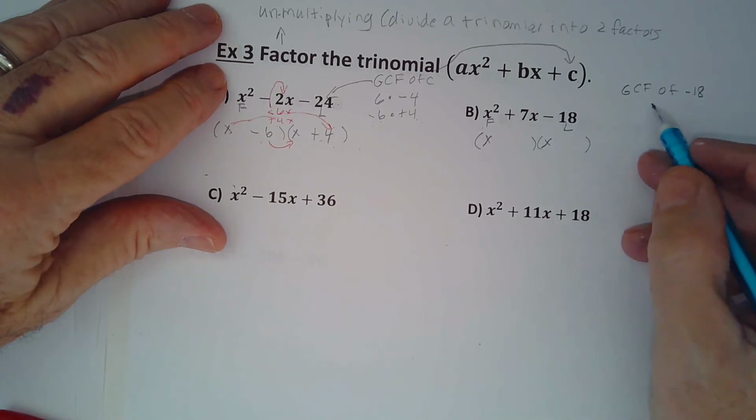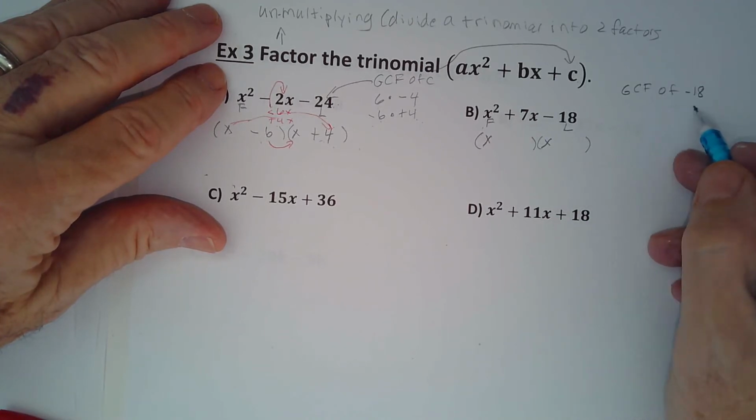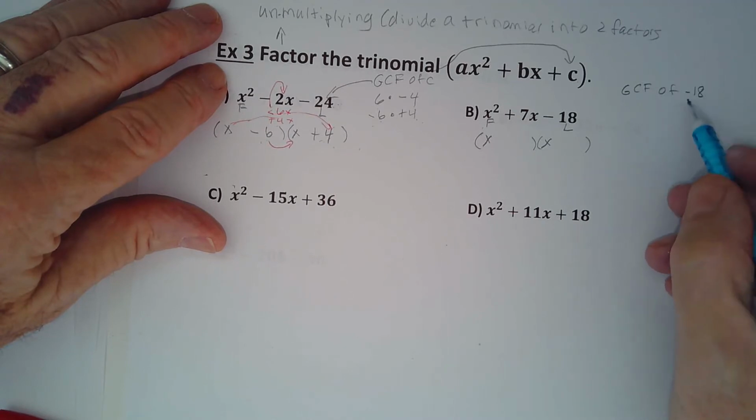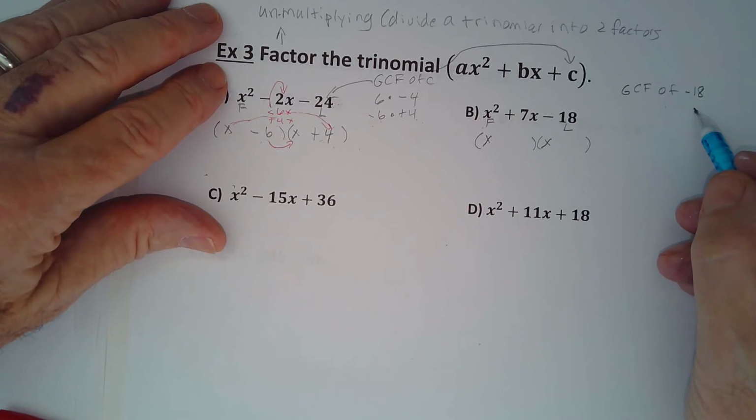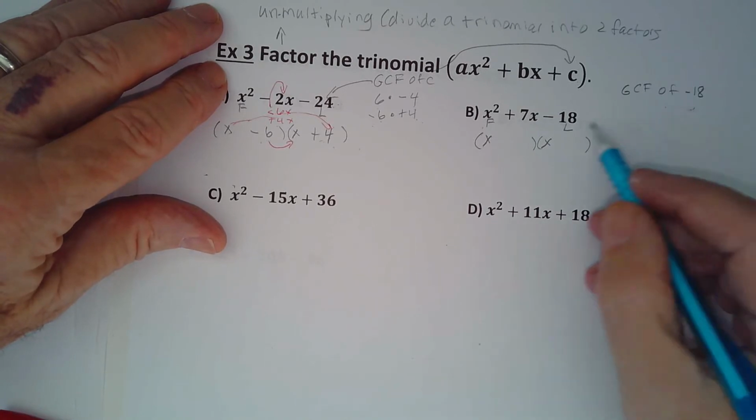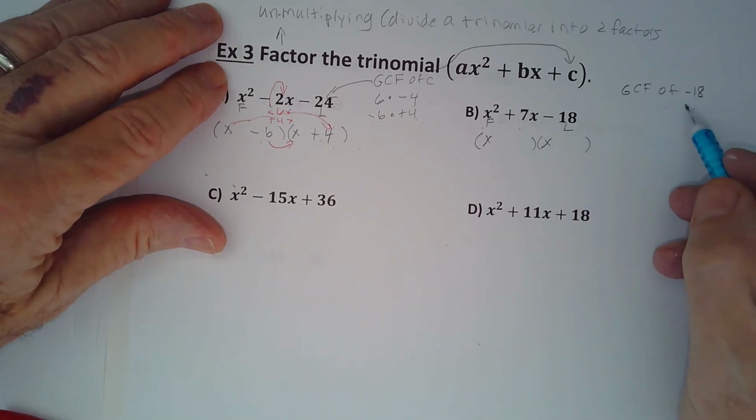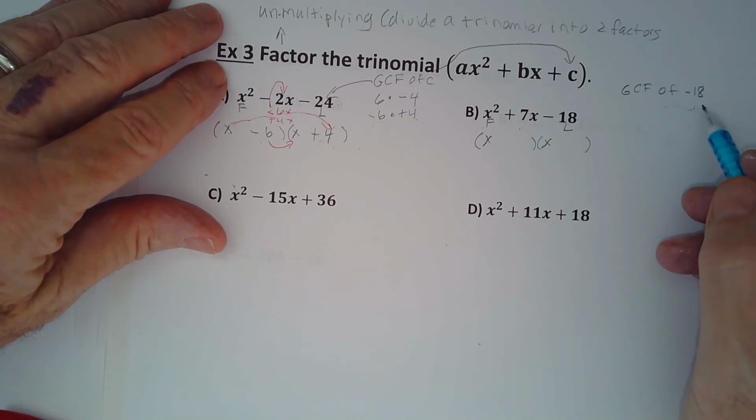When you aren't sure about this stuff, you can start out by just multiplying 1 times -18. That's -18, but it adds together as -17. That doesn't work. Then 2 times -9 is -18.